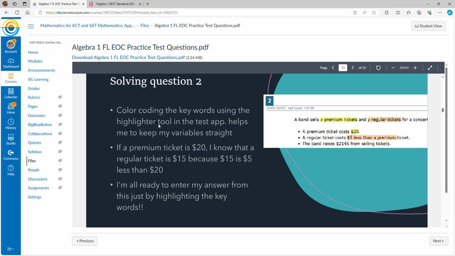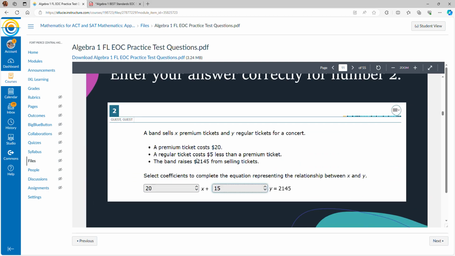A coefficient is just the number in front of the variable. If a premium ticket is $20, I know that a regular ticket is $15 because $15 is $5 less than $20. So I'm ready to answer just after highlighting keywords. So it's 20x plus 15y equals 2,145.